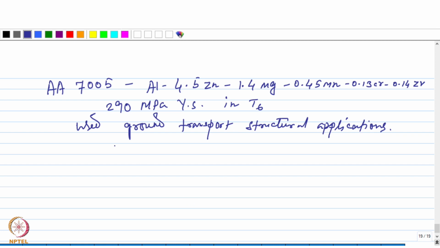So we'll go on to the next one, that is the 8000 series alloys or the aluminum lithium alloys.